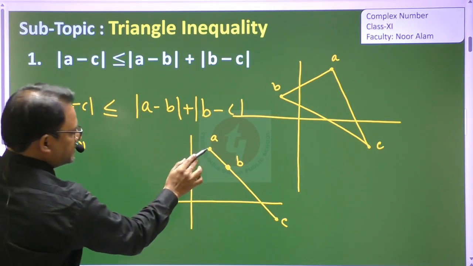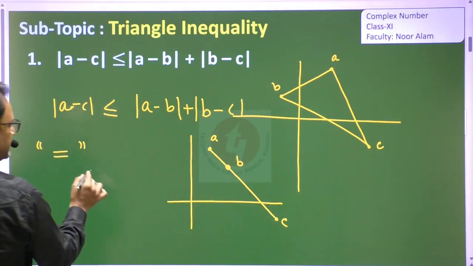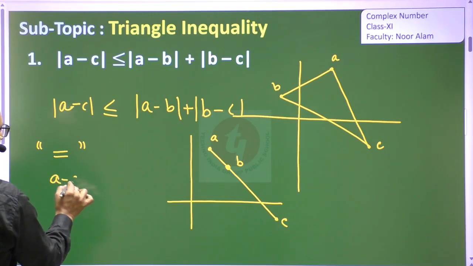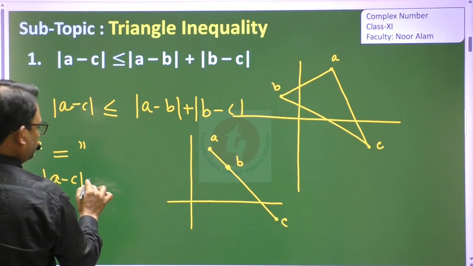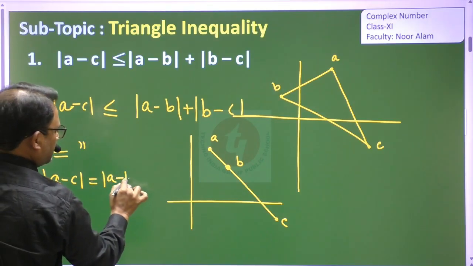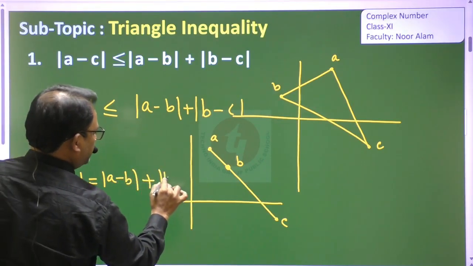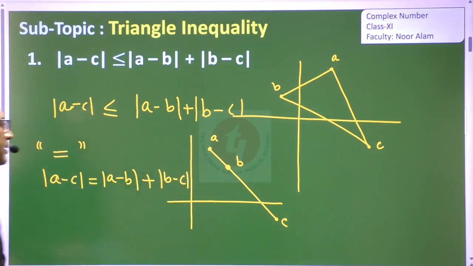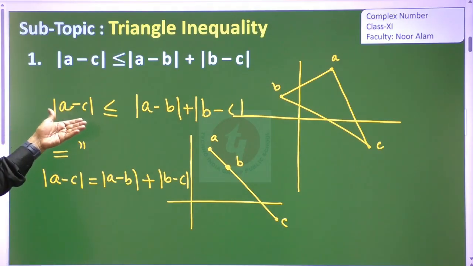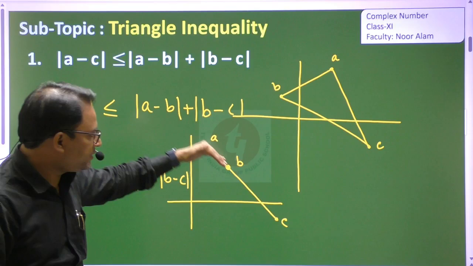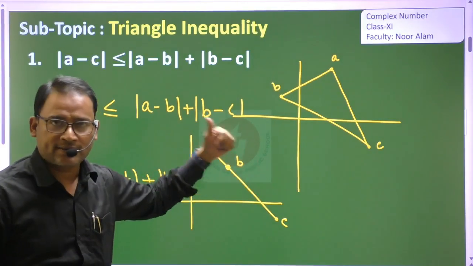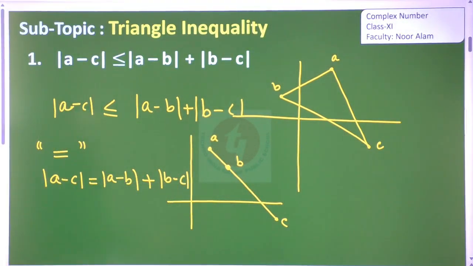So in this case, the distance between A and C, which is mod of A minus C, is the same as the distance of AB plus the distance of BC. So in case of the inequality, the equal to sign will occur when these three complex numbers are on the same straight line. Hope all of you understand this concept.